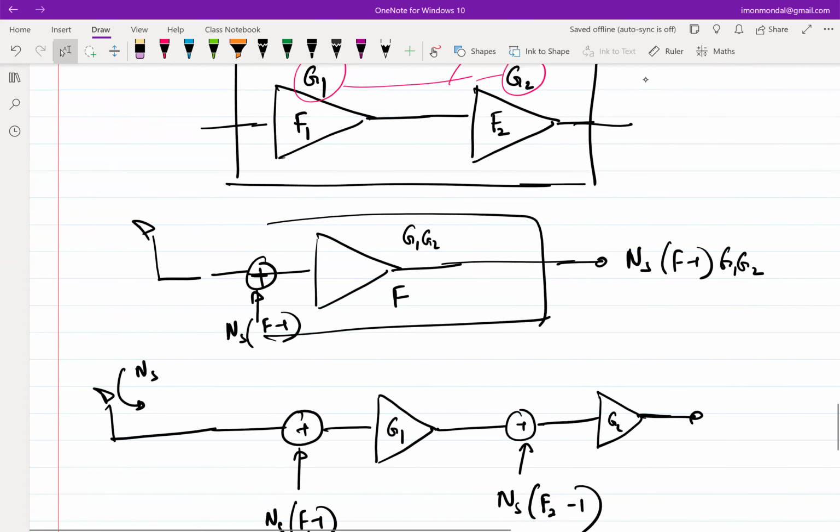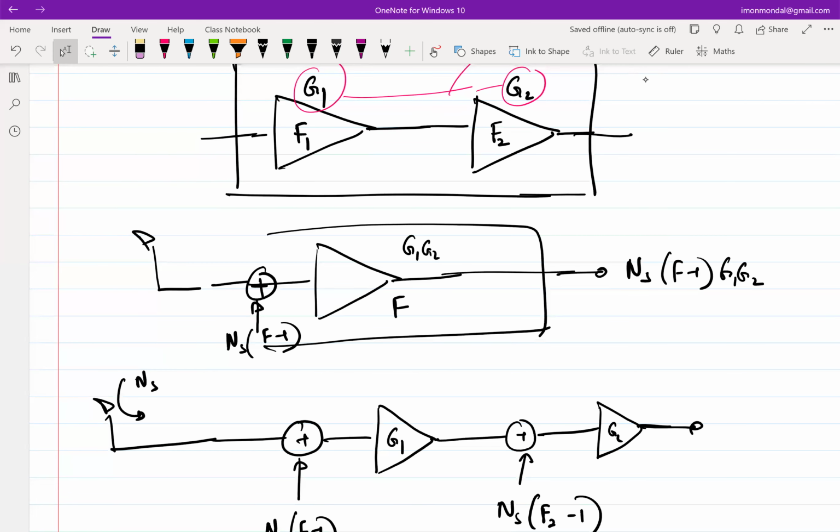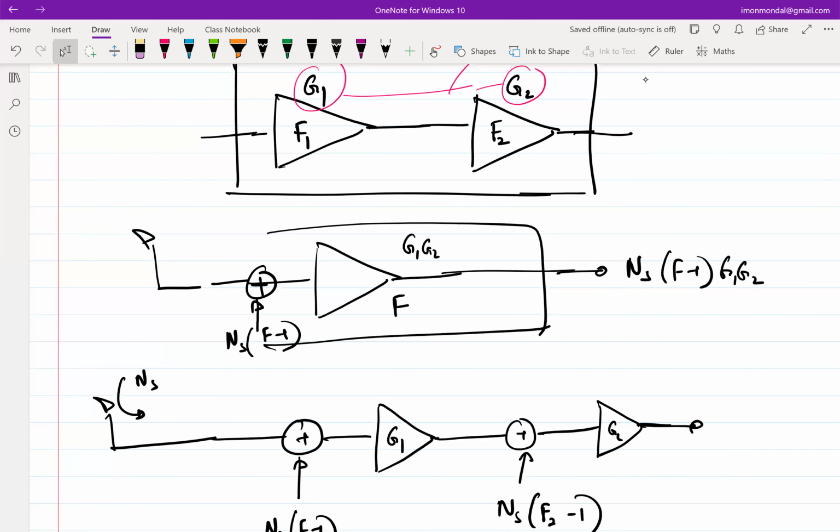Sorry, I made a mistake. Total noise is this plus NS, right? So this is the contribution of only NS times F minus 1, but something is coming out which is NS also, right? So this will be plus NS, NS times G1 G2.